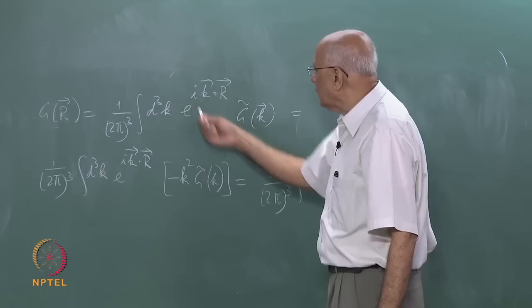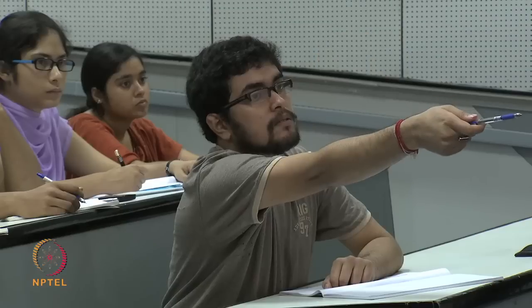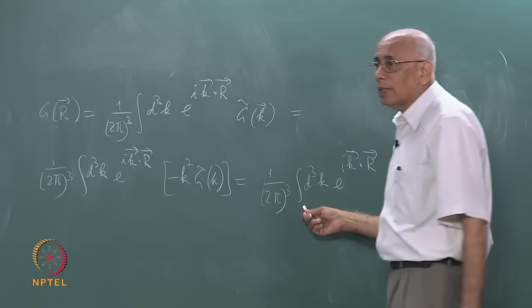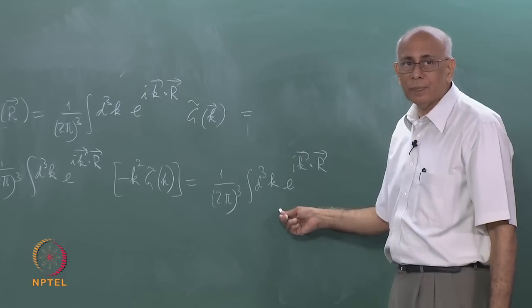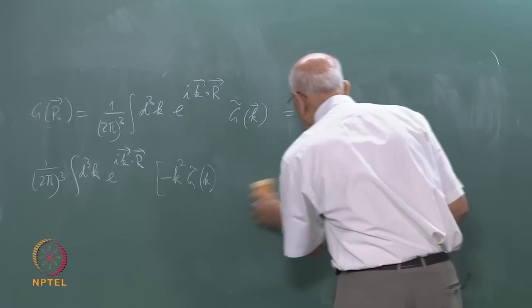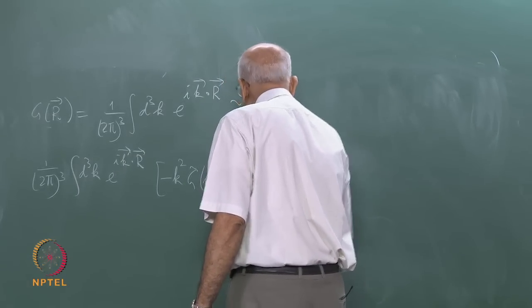So del squared on this gave you this minus k squared, and then there is a g tilde of k. And I wrote this is the delta function, the 3-dimensional delta function. So if I move this to the left hand side, it says this minus 1 is equal to 0.